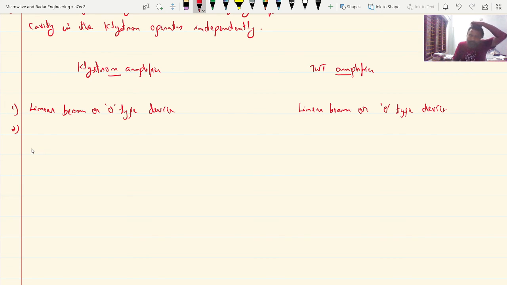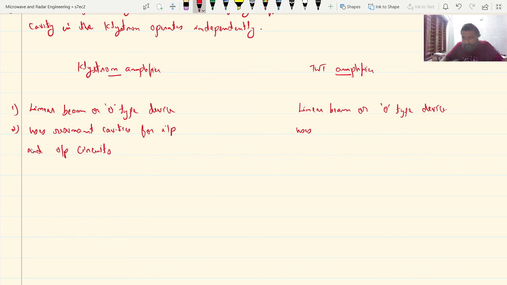Second, the klystron uses a resonant cavity for input and output circuits. Here, the TWT uses a non-resonant slow wave structure, slow wave circuit, such as helix.